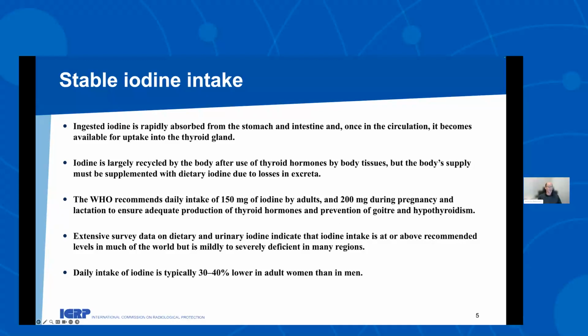In Japan specifically, it's rather peculiar: because of the consumption of seafood, if it's a really traditional diet, it depends on the particular person, but the iodine intake will be much higher, thousands of micrograms a day. And typically, women have lower daily consumption, by up to 30–40%.